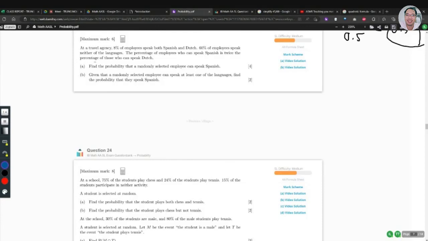So from the statement, you need to determine which one is A, B, not A, not B. Draw the Venn diagram, the circles. The percent of employees who can speak Spanish is twice the percent of those who can speak Dutch. That's a bit hard.